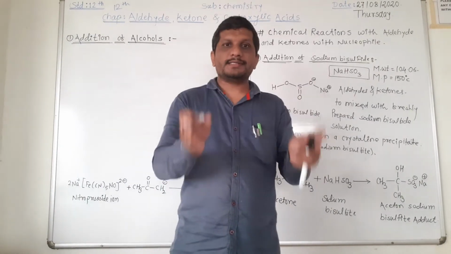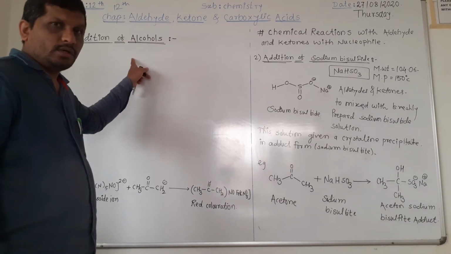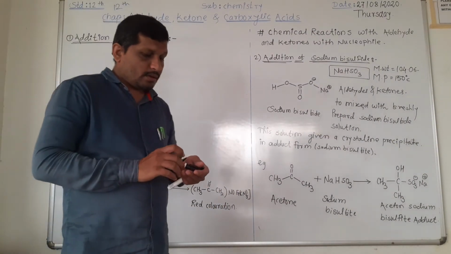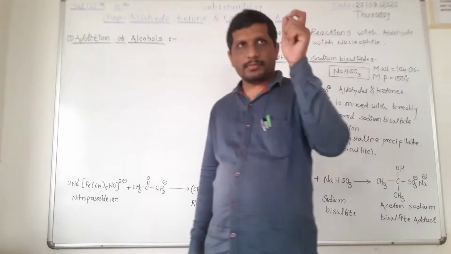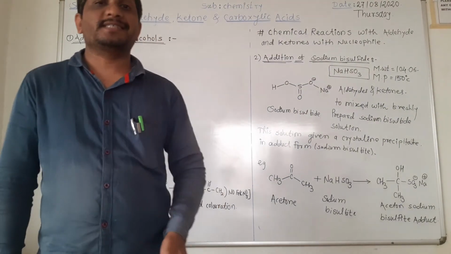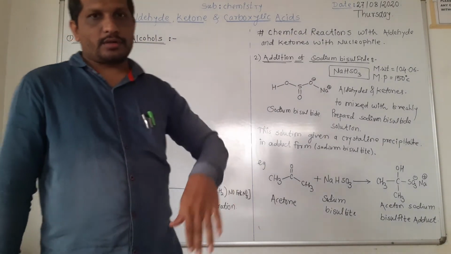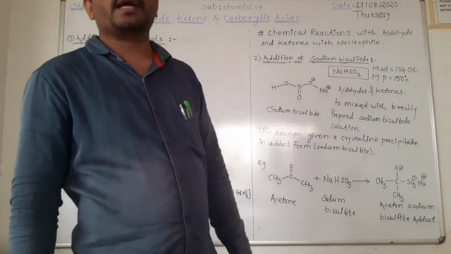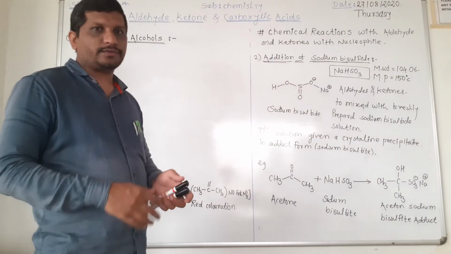This nucleophilic addition of alcohols on aldehyde and ketone takes place in presence of dry HCl to give the alkoxy alcohol product, and this alkoxy alcohol again reacts with aqueous hydrochloric acid to give the proper reactant, meaning acetone or ketones.